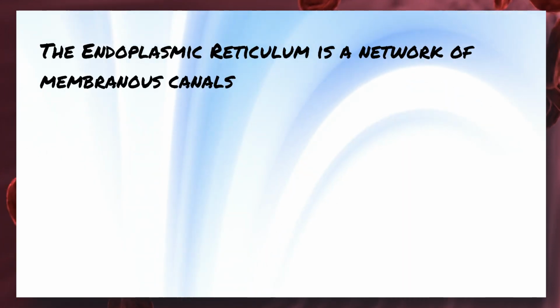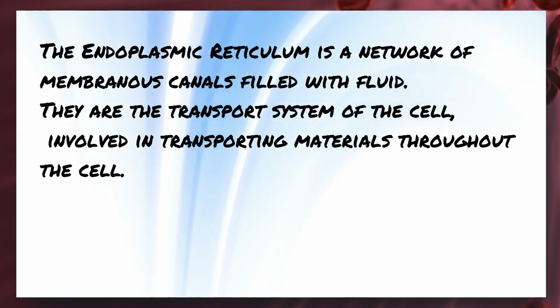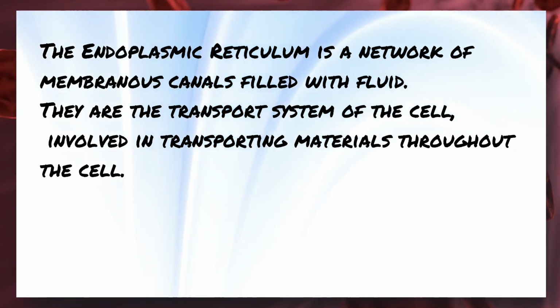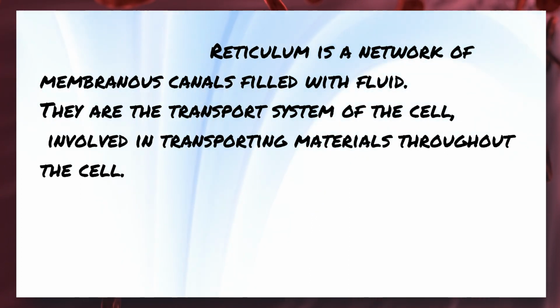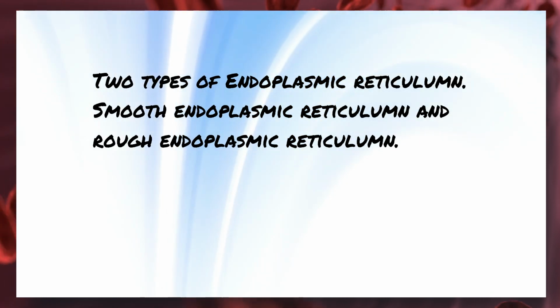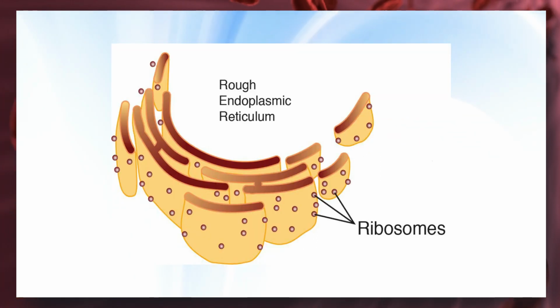Endoplasmic reticulum. The endoplasmic reticulum is a network of membranous canals filled with fluid. They are the transport system of the cell, involved in transporting materials throughout the cell. There are two different types of endoplasmic reticulum. Rough endoplasmic reticulum.